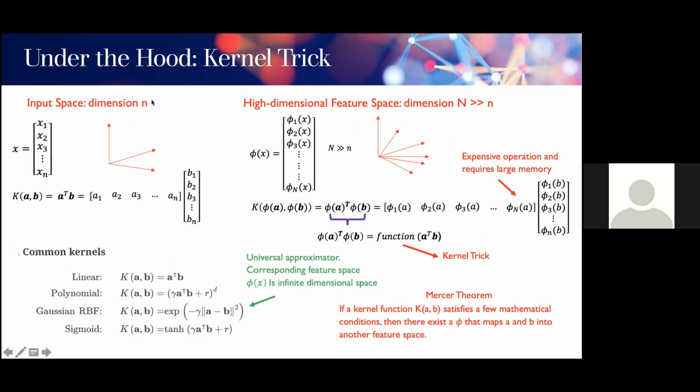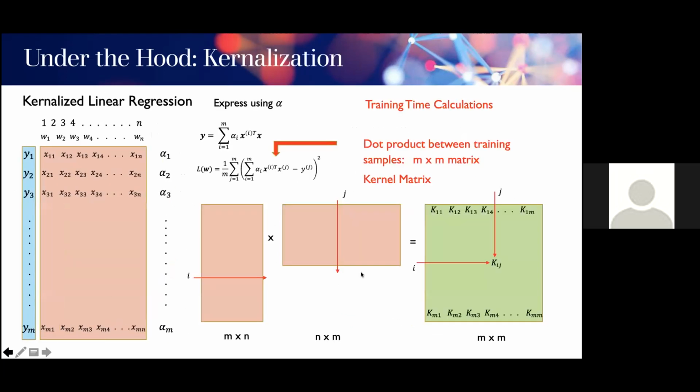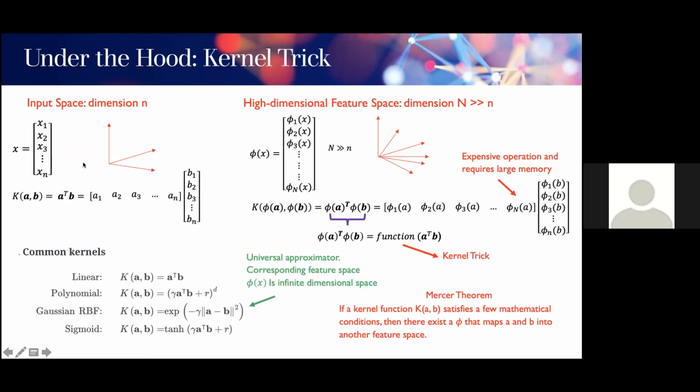But getting rid of W's means that you are also doing this calculation of kernel matrix. And this is where the kernel trick comes along. Kernel trick is just being able to compute dot products easily in a high dimensional space without ever even projecting into the high dimensional space. As an example, say you have an input space of dimension n and you want to project into a really high dimensional space, capital N, by using this phi of x.